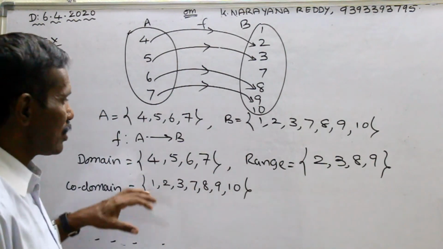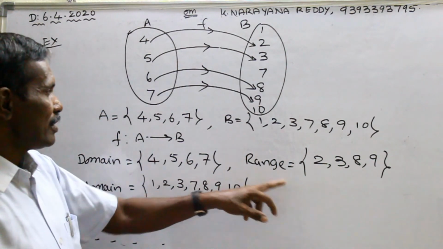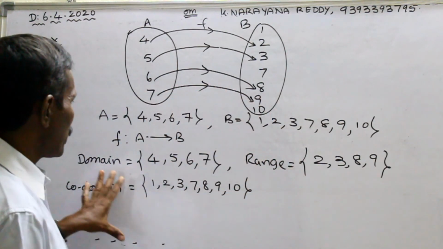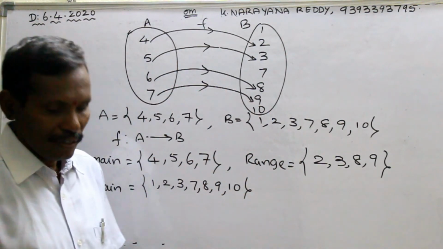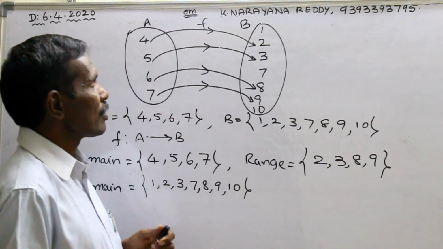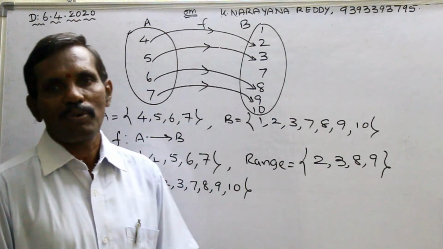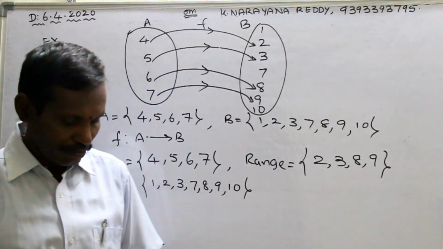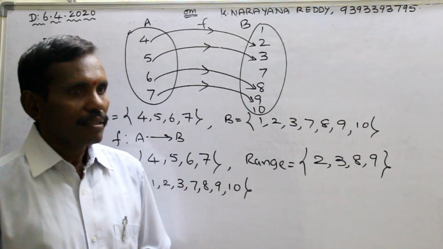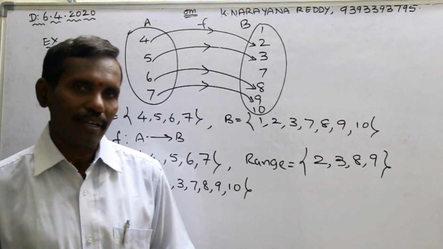Okay, dear friends, this is codomain, this is range, this is domain. These are the differences among these three: domain, range and codomain. Please observe carefully and practice this. This is a simple introduction about domain, codomain and range. So practice this and remember carefully.